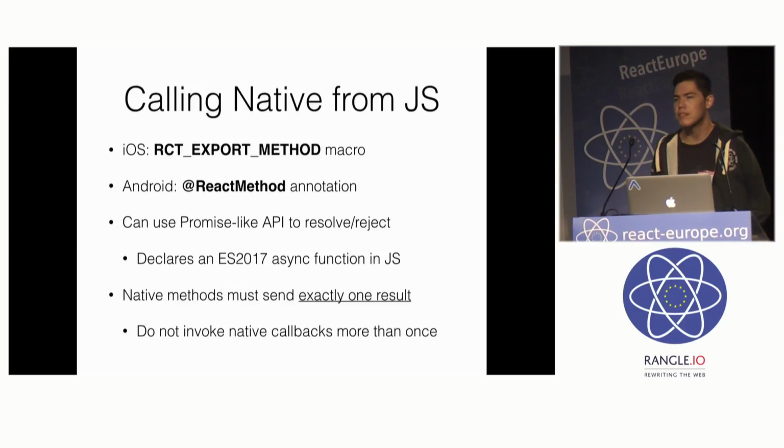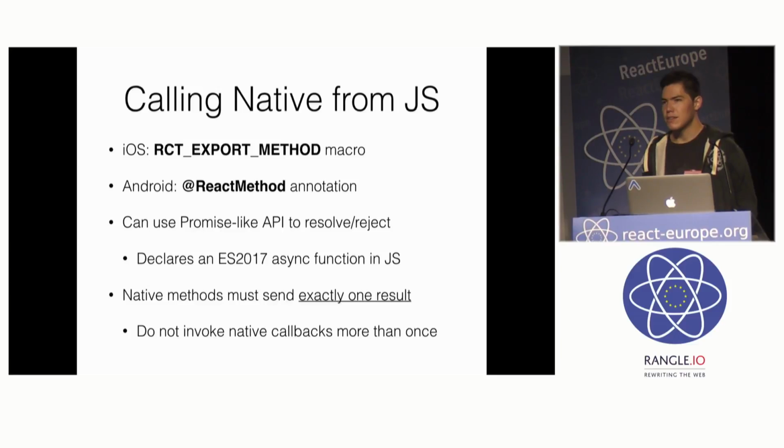And it's pretty straightforward. You implement a standard Objective-C method on iOS and a standard Java method on Android. You're given a promise-like API with resolve and reject functions that you may be familiar with if you've implemented your own promises in JavaScript. And that's how you get results back from the native side to JavaScript.